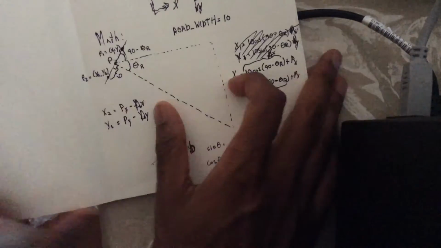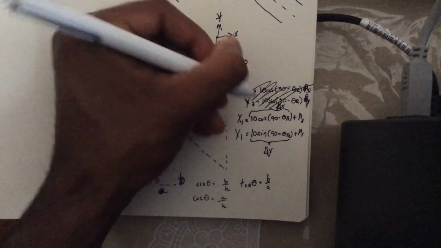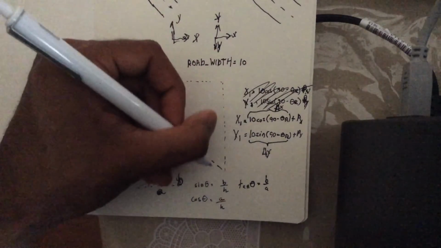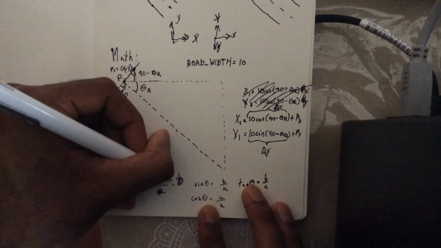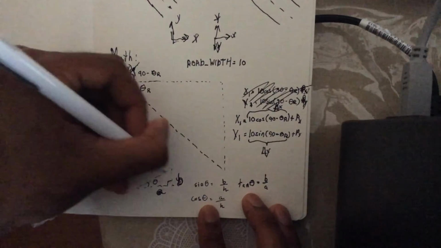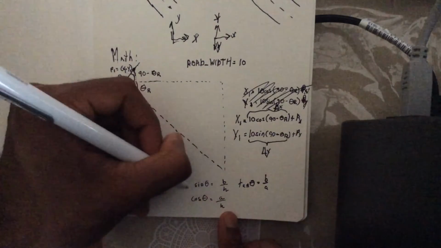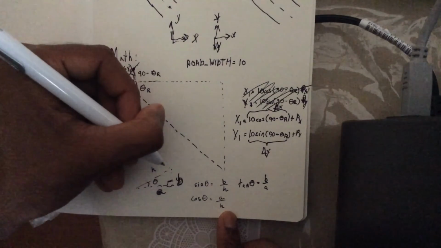Oh, yeah. I wanted to remind you of this quickly. You might be curious as to where the cos of 90 minus theta r and sine of 90 minus theta r came from. If you look at a right angle triangle, you remember from trig, sine of theta is opposite over hypotenuse, so b over h.